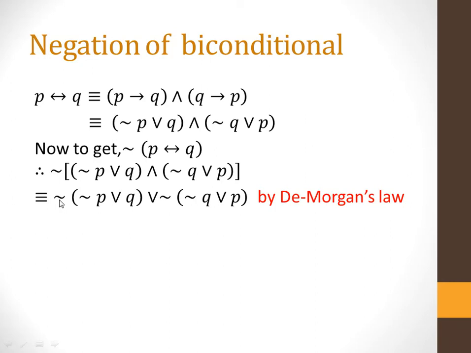Now again, if you observe here, it is the negation of negation P or Q, in bracket, it is or. Similarly here also negation is operated on this. Again here it is or. So again by De Morgan's law, for this as well as for this, what will you get?